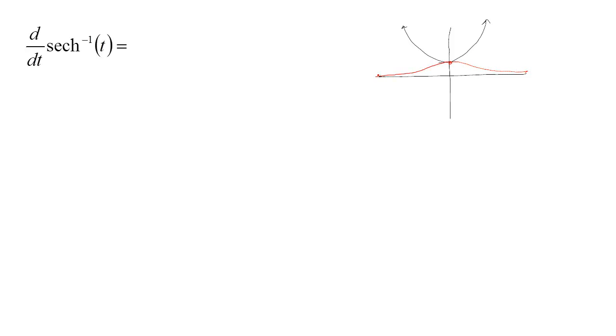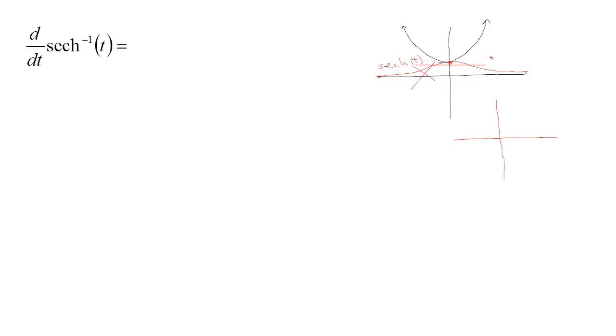So you can see this is the graph of the secant, and it doesn't pass the horizontal line test, right? So it doesn't naturally have an inverse, but you could cut it off. We could cut off maybe the left-hand branch here so that we're only using the right-hand side, and then the secant would have an inverse. And that inverse would look like this.